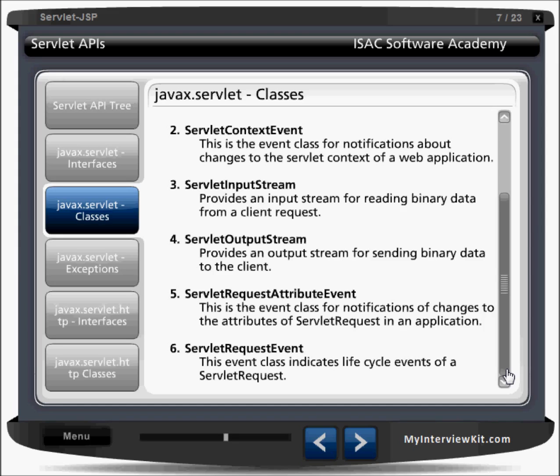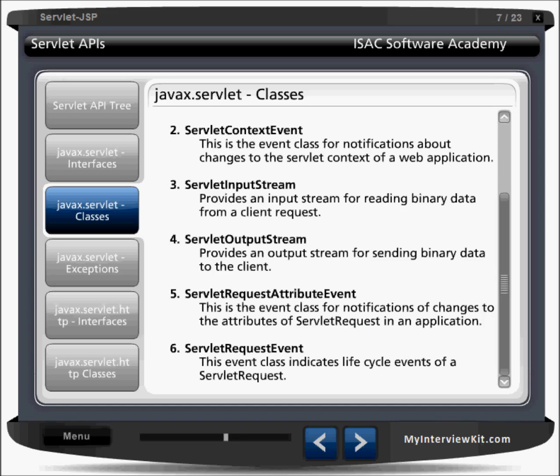ServletRequestAttributeEvent is the event class for notification of changes to the attributes of the servlet request. So if we set some attribute on this request and later change it, this event will be generated. ServletRequestEvent indicates life cycle events of the servlet request.